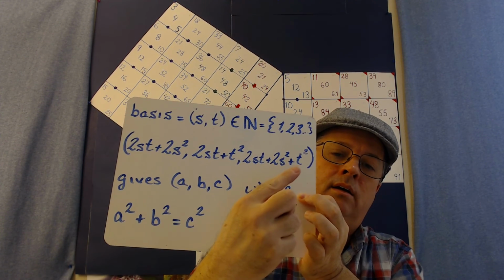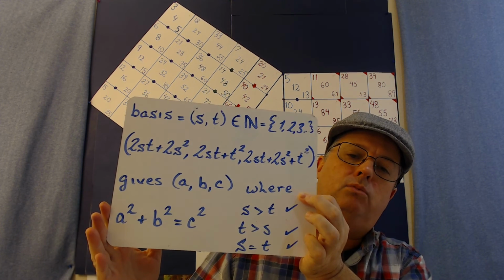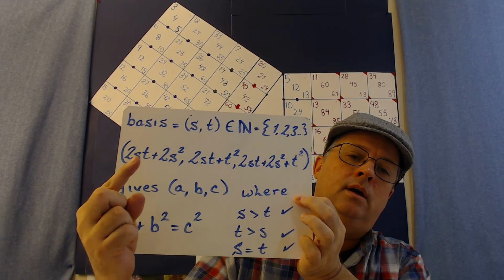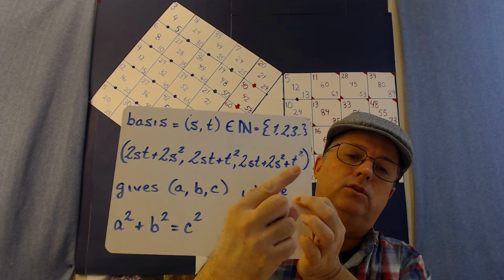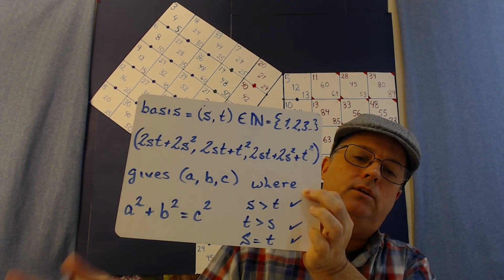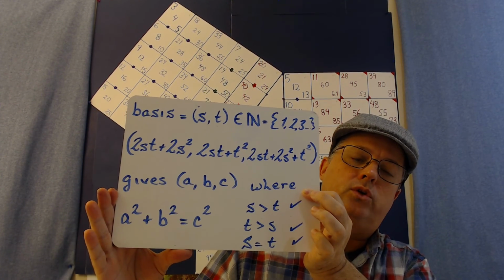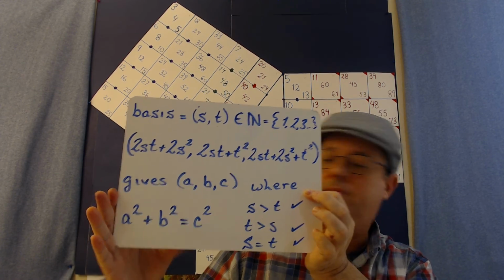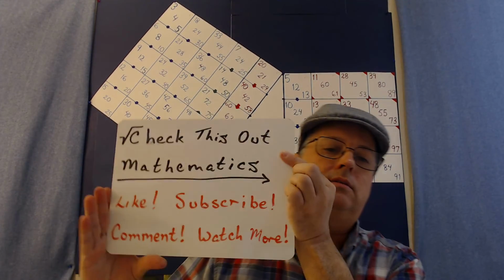And then I think we'll have to do one more video where we actually run this through the A, B, and C to show that in fact it works as a solution to the Pythagorean triple.